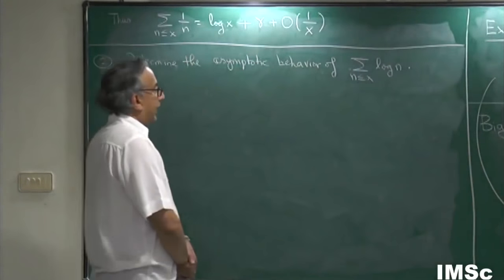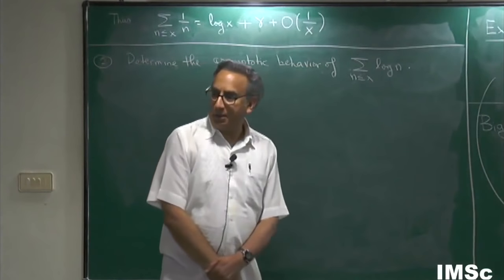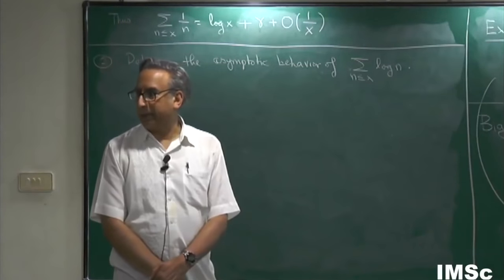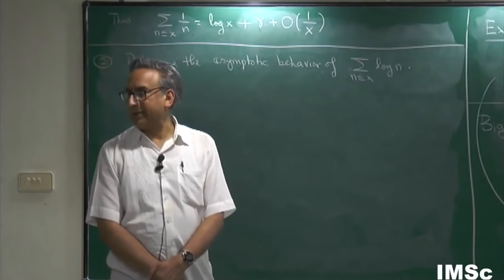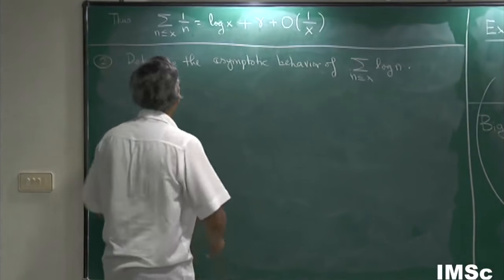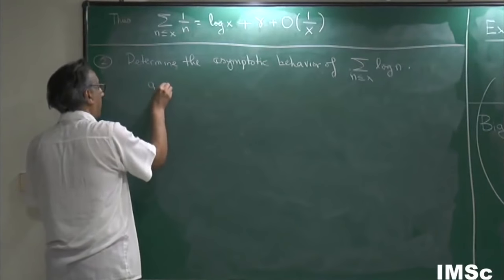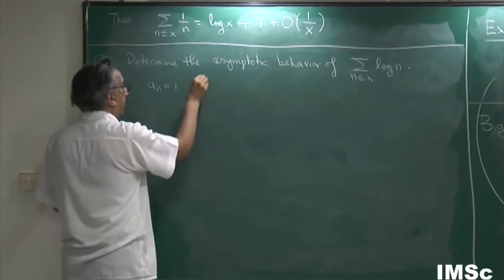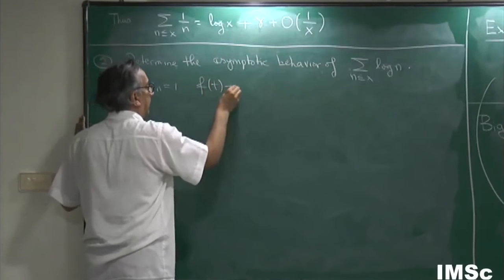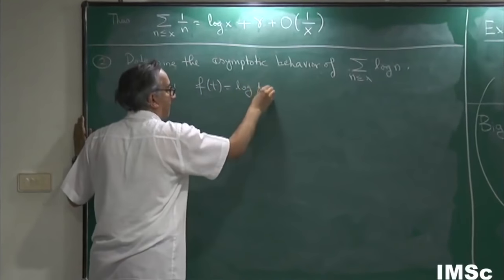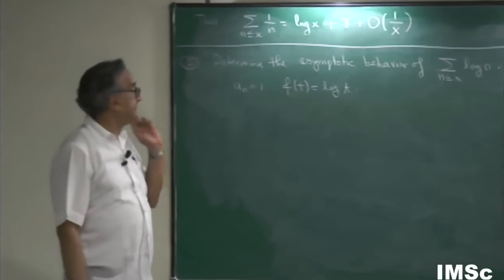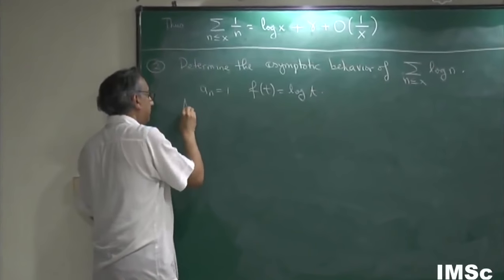Okay, so again, for the Abel lemma, we want to see what to pick as what: a_n is what, f of n is what, and so on. Well, again, we'll pick a_n to be 1 and f of t to be log t. Fair enough? Then apply Abel.